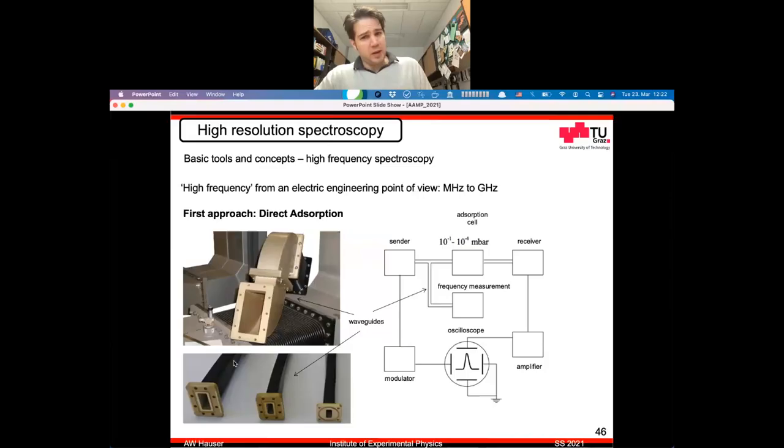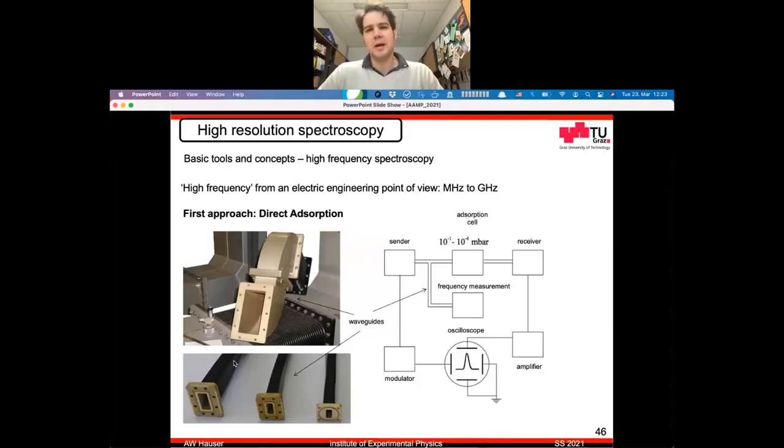So we have a sender that creates a certain electromagnetic field with a given frequency, and we use these waveguides to bring this power into the absorption cell, where part of this energy is absorbed if we are in resonance with the frequency of the sender. And on the other side, we have a receiver where we can measure the amount of absorbed energy. That would be a direct absorption measurement.